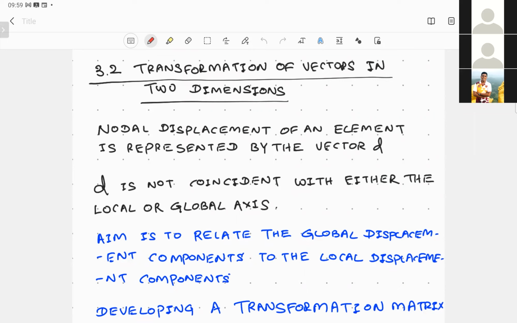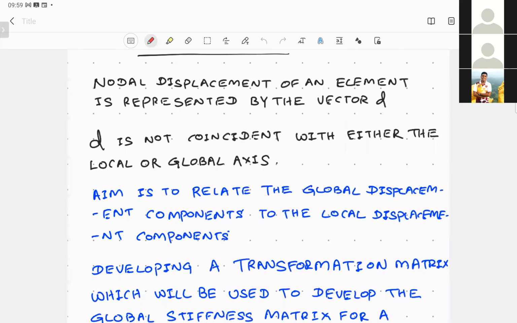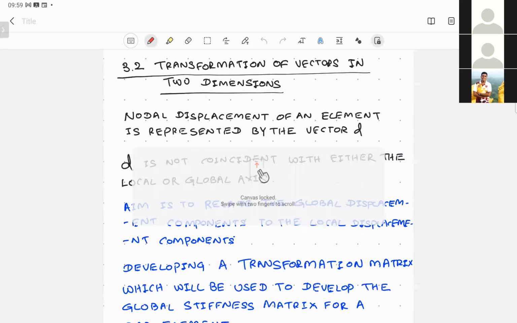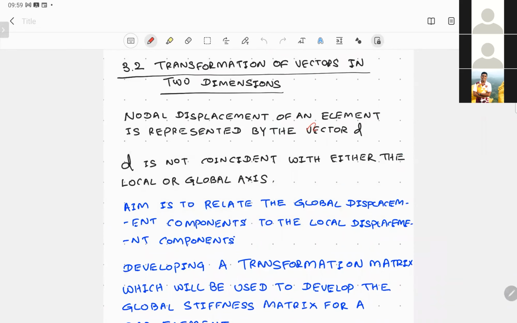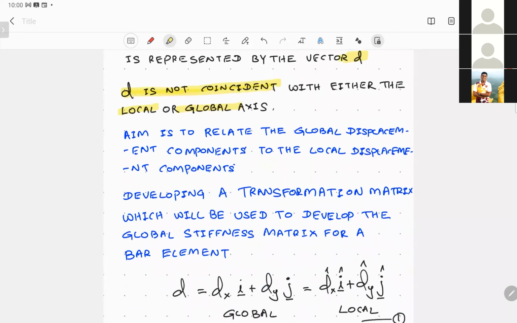So for this, let's consider simply a vector D, which is not, of course, coincident with the local coordinate system or the global axis. Our aim is now to relate the global representation, or the global displacement components, to the local displacement components.